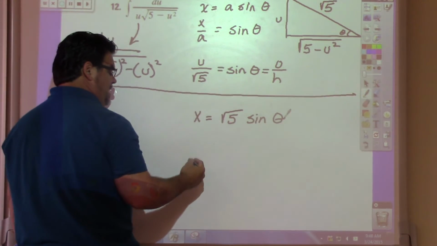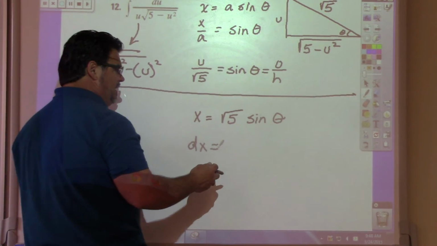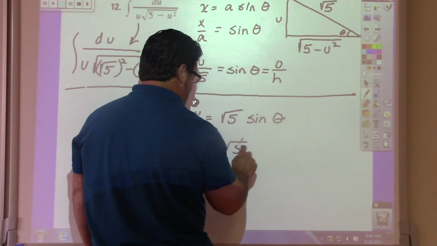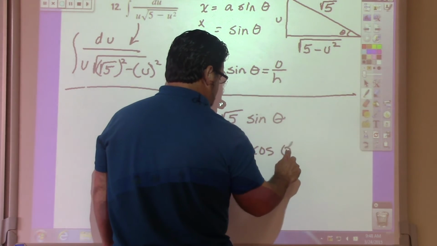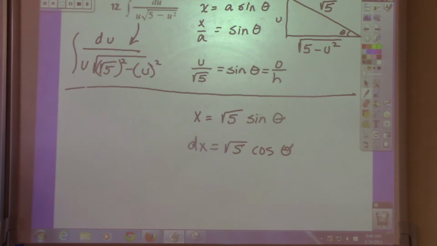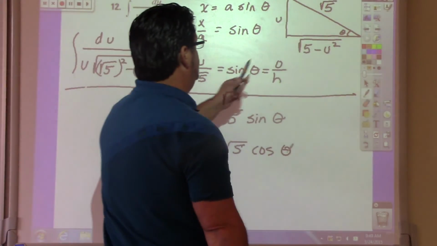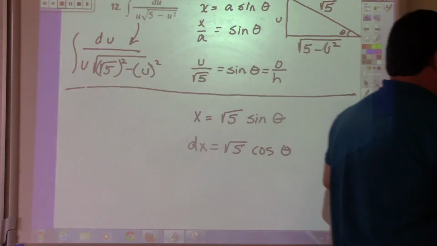If that's equal to x, then dx, the derivative of sine is the cosine, right? So square root of 5 cosine of theta d theta. And now you just got to find the relationship out with this right here.